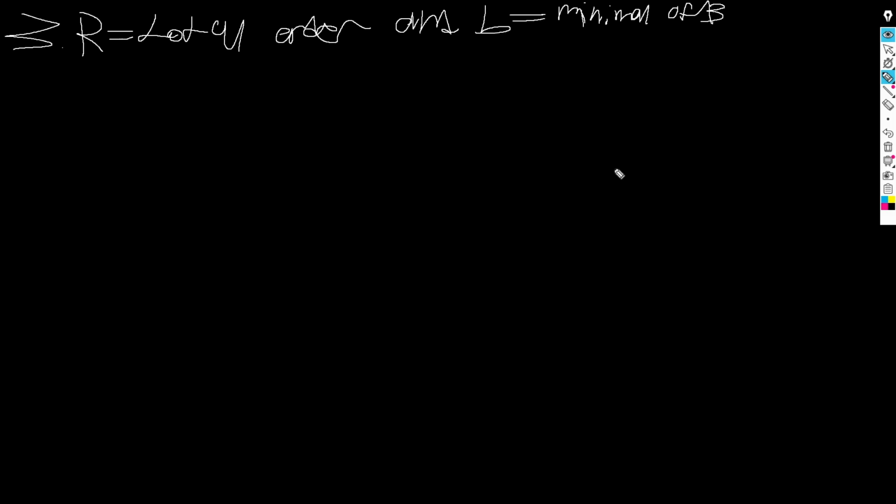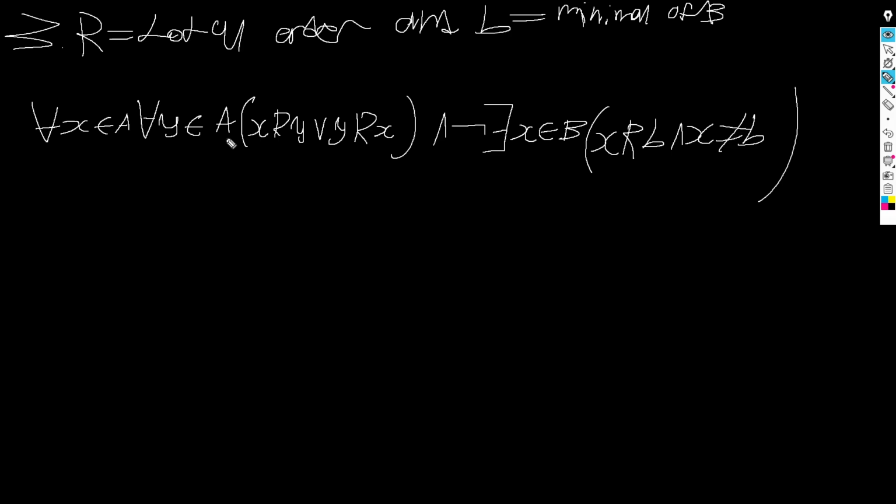And finally, to prove the third statement, we have to suppose that R is a total order on A and M is a minimal element of B. So using the definition of these terms, we can get that this is true if and only if this is true. And again, we'll use contradiction, so we have to assume that M is not the smallest element, which is true if and only if not for all x in B, M is R related to x.